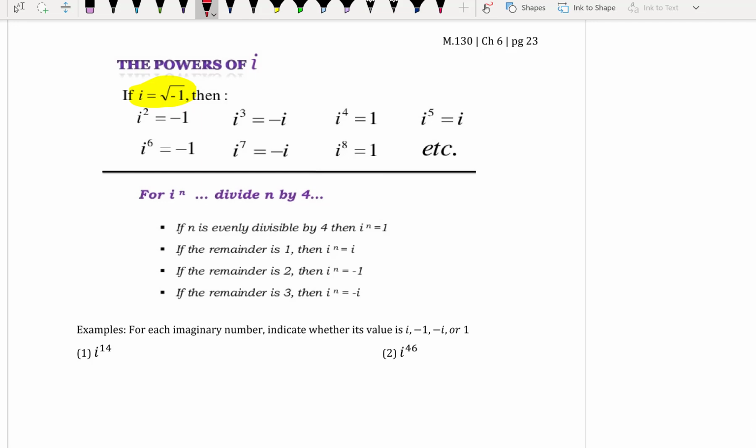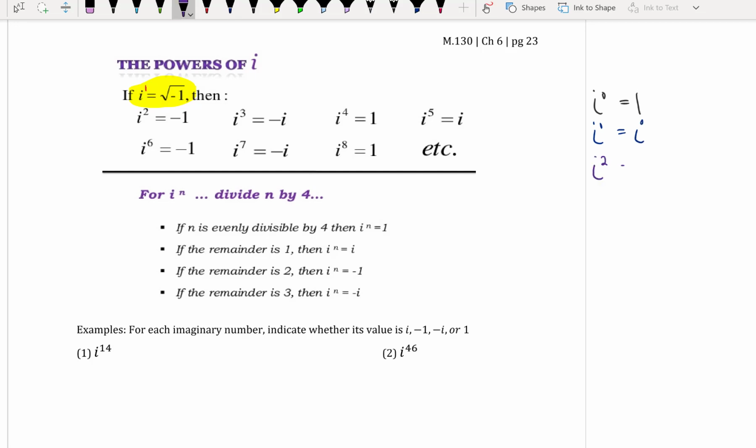i to the first power, right? That's going to give me my square root of negative 1. Or actually, even before that, what's i to the 0 power? Well, anything to the 0 power is always 1. So then i to the first power is just i, so that doesn't change.